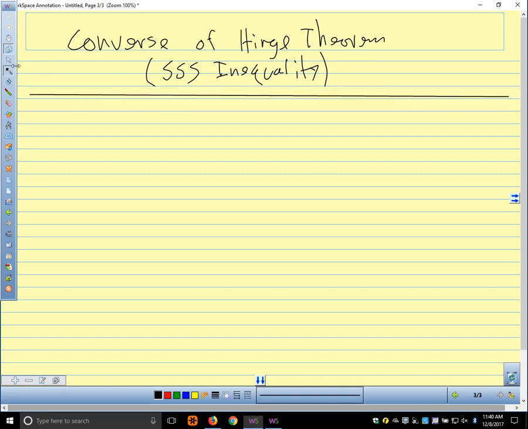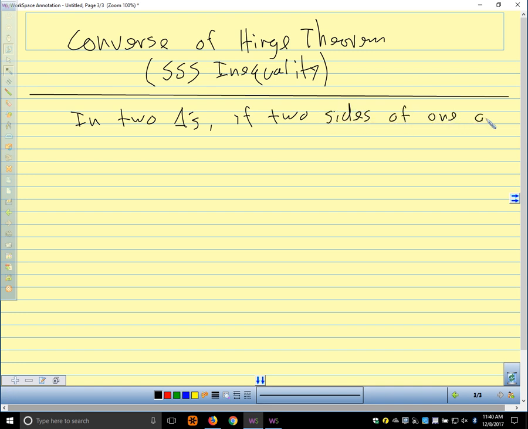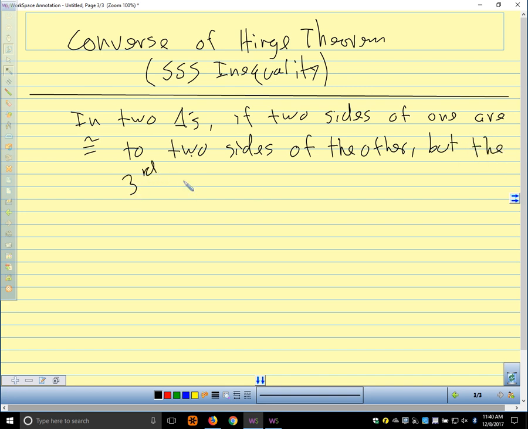So the converse of the Hinge theorem says, in two triangles, if two sides of one are congruent to two sides of the other, but the third sides are not congruent, then the larger angle is across from the larger side.